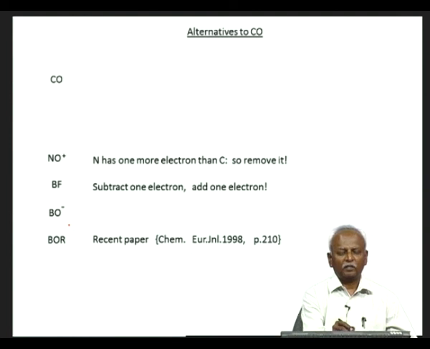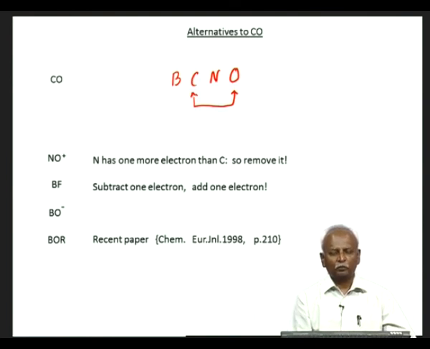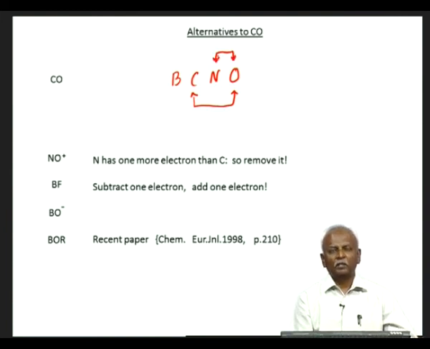If you look at the periodic table, we have boron, carbon, nitrogen and oxygen, and we noted that it would be good to have a good electronegativity difference between the two atoms which are bonded together. We looked at carbon monoxide as a good example, and if you move to nitric oxide, this electronegativity difference becomes smaller. Now, instead of moving to nitrogen from carbon, why not move from carbon to boron?